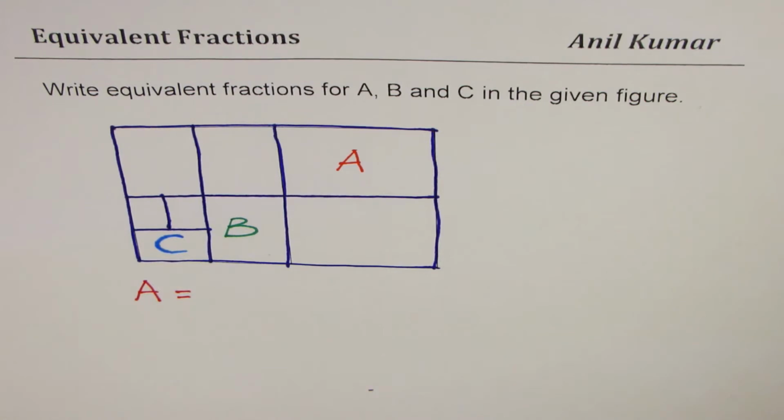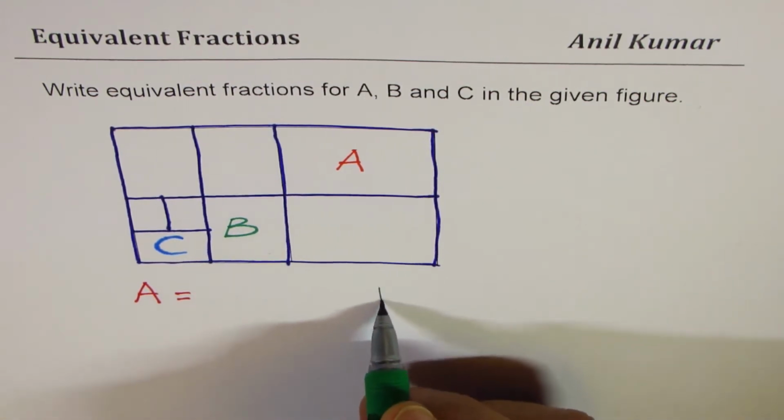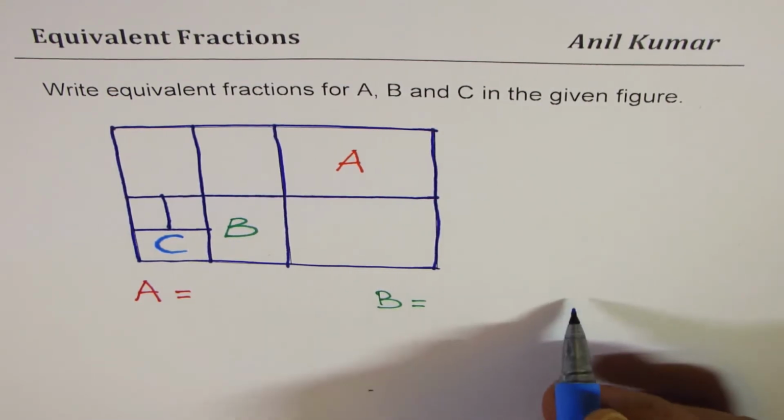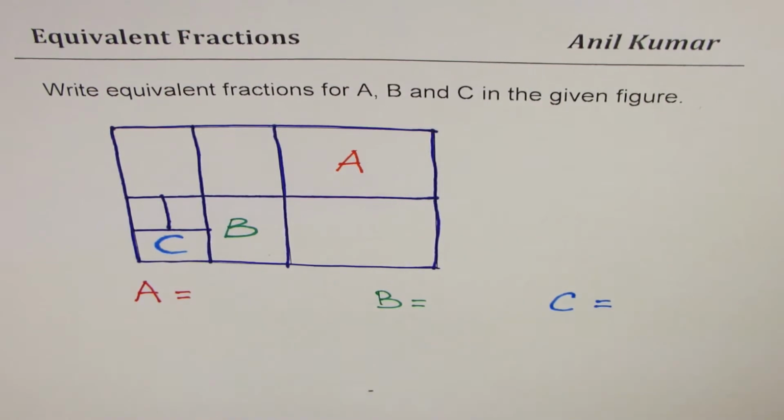How can I write B as a fraction of the whole? And how can I write C as a fraction of the whole? Once you write them one time, you have to also write an equivalent fraction for the same. So that is the exercise for you, right?